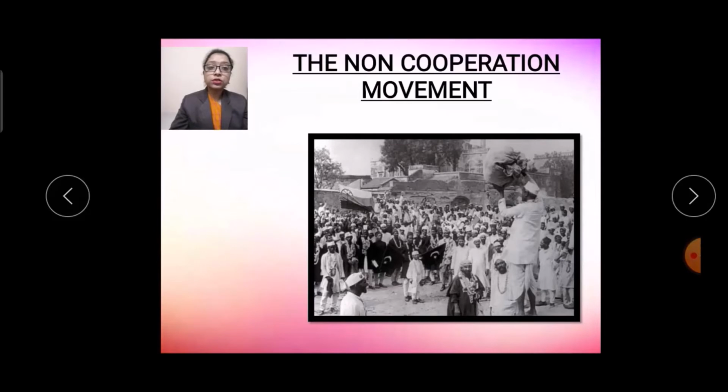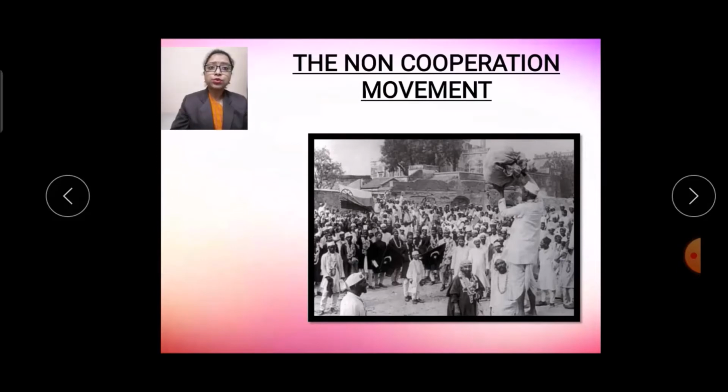Indians working for the British government resigned. Lawyers boycotted the courts, and Indian children were withdrawn from British government schools. All this happened in the non-cooperation movement.